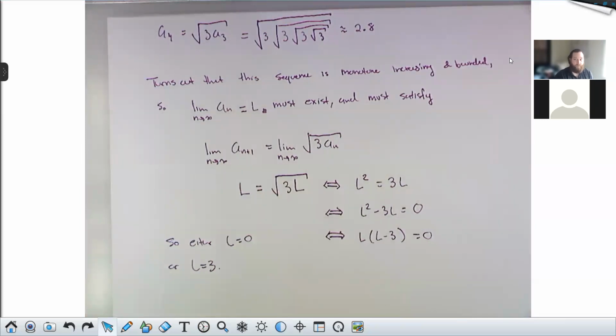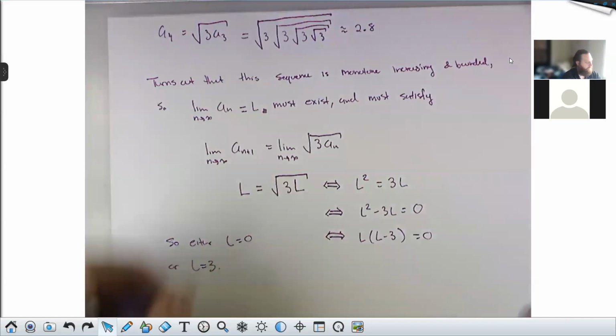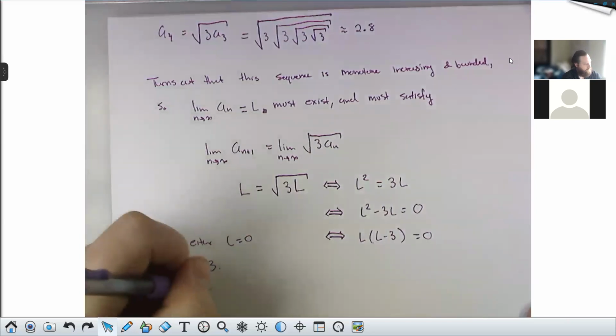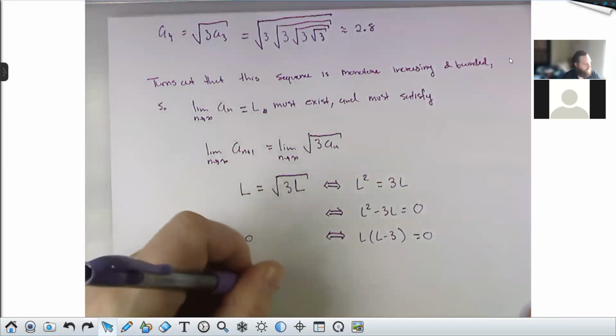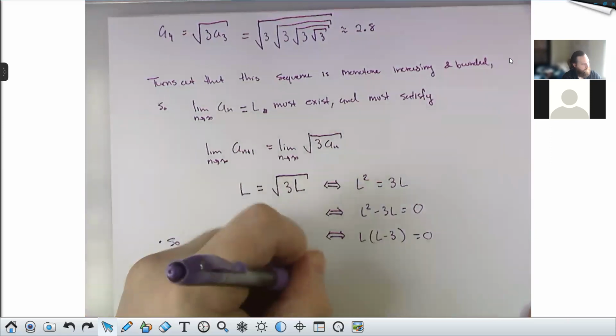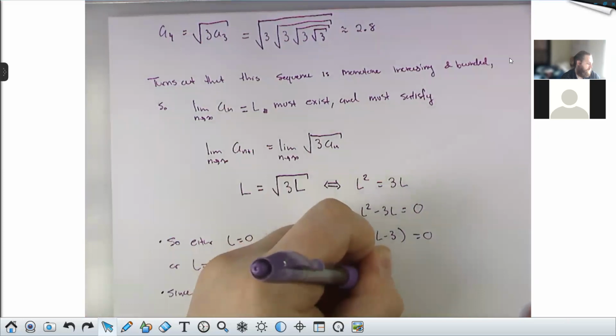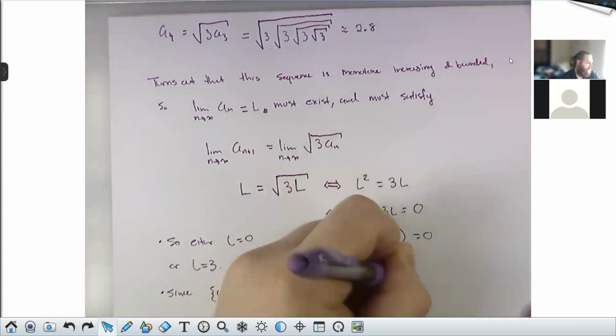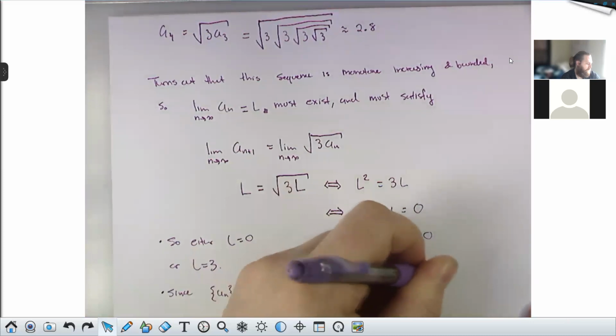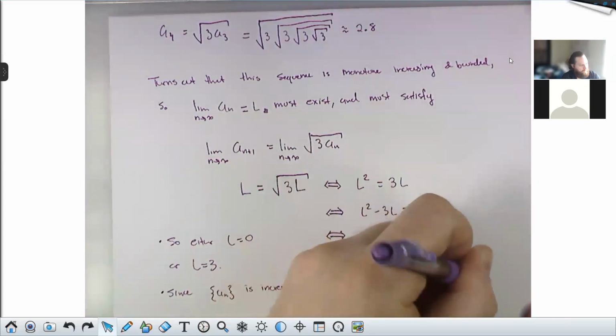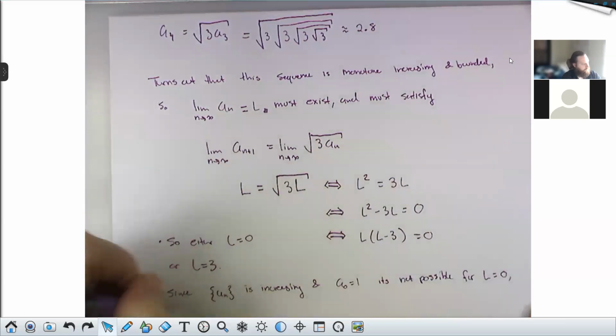This is an increasing sequence, and the first term is 1. So the limit can't be 0 because we can never go down. Since the sequence a_n is increasing, and a_0 equals 1, it's not possible for L to be 0.